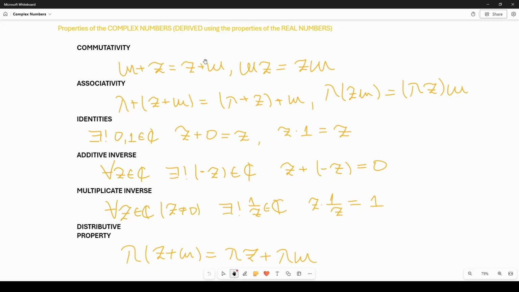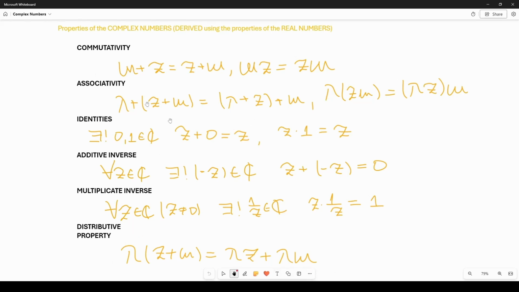Multiplication and addition are commutative, we have associativity, we have our unique 0 and unique 1 as the neutral elements for addition and multiplication. We have our additive inverses, and we have our multiplicative inverses, and we have the distributive property.